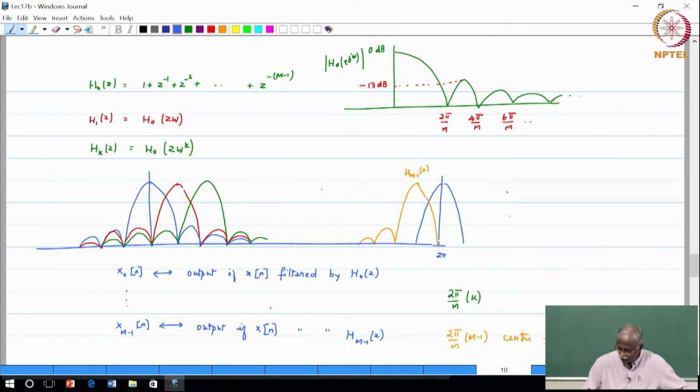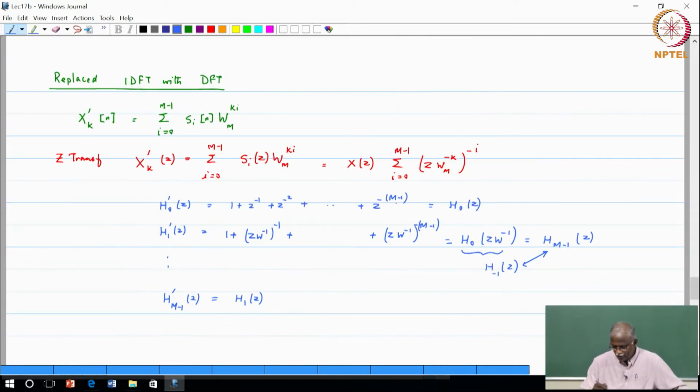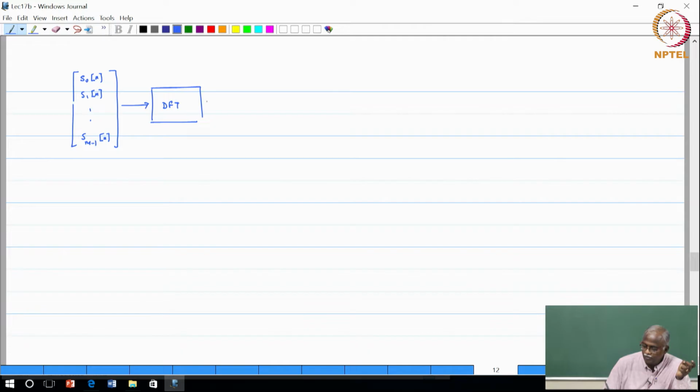Okay. So, here is a pictorial representation. If this was what you obtained with the transpose conjugate matrix, now with the analysis that we have done with the DFT matrix, the figure is as follows. Okay. Let us quickly draw it. What did we do? We said that we will have a vector which is S naught of n, S1 of n all the way to Sm minus 1 of n, and we are going to pass it through the DFT matrix.